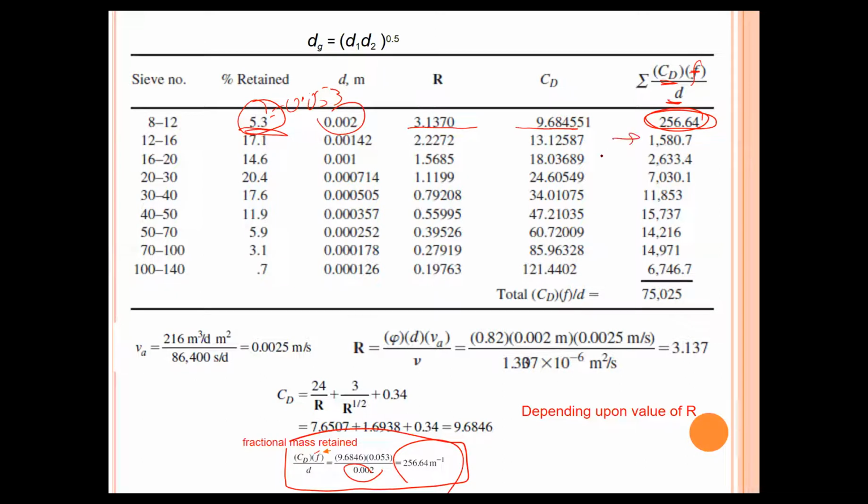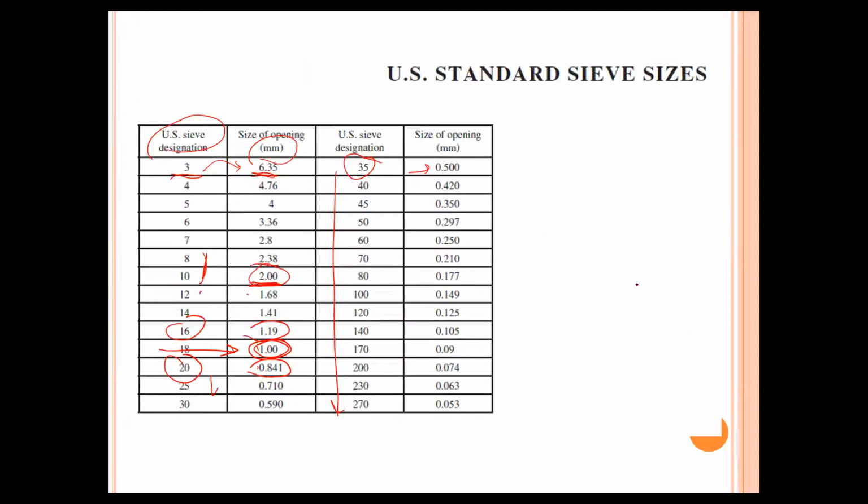Similarly, we can calculate the different summation terms for all of the diameters and fractions retained within these sieves. So we can sum all of them. The total sum will be 75,025. Do you understand?